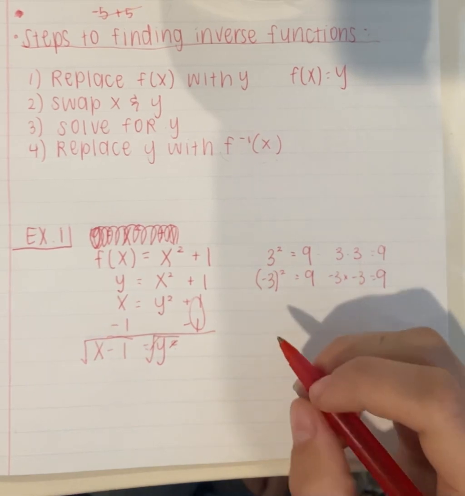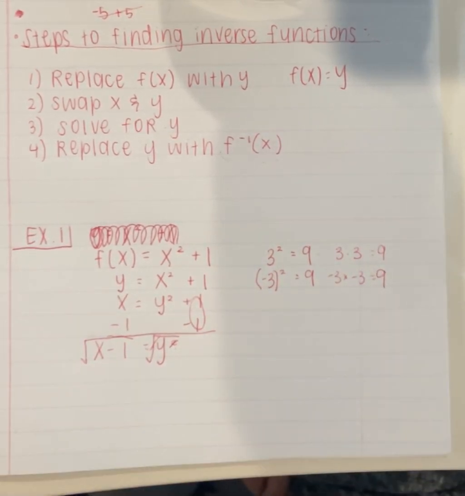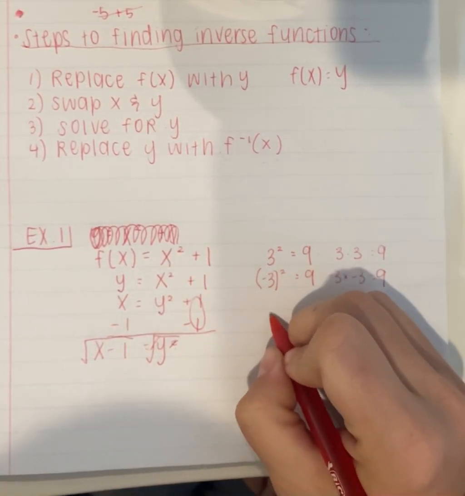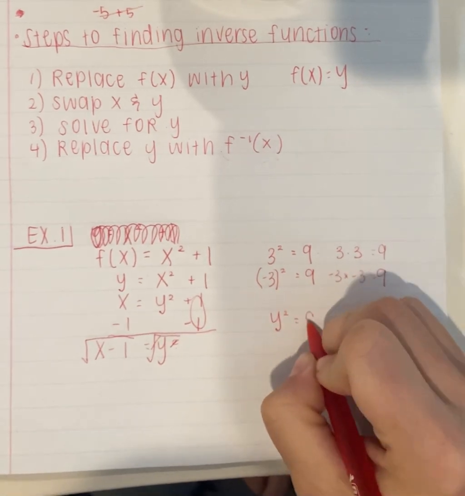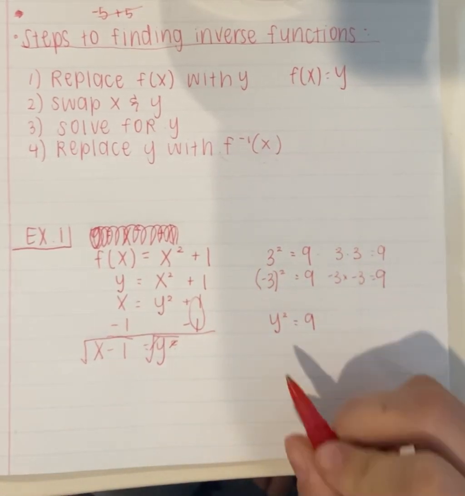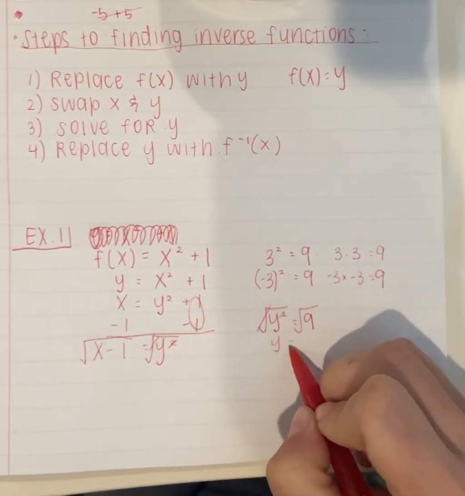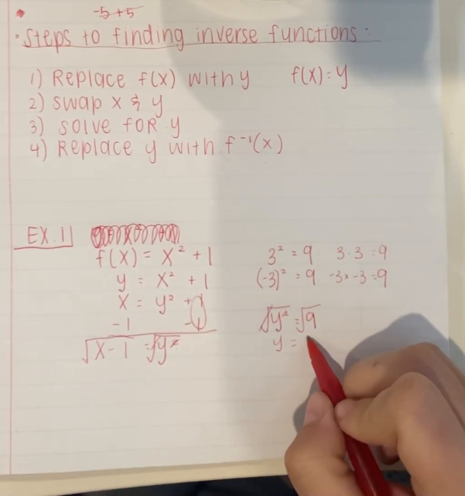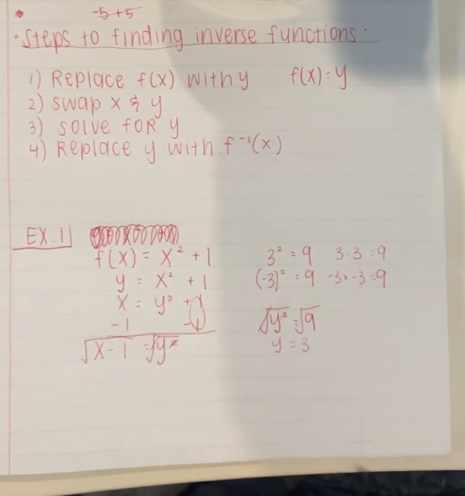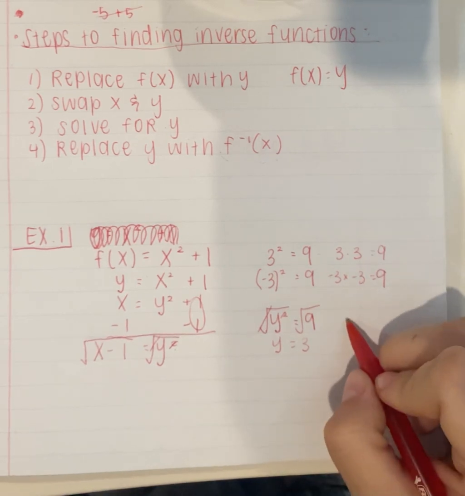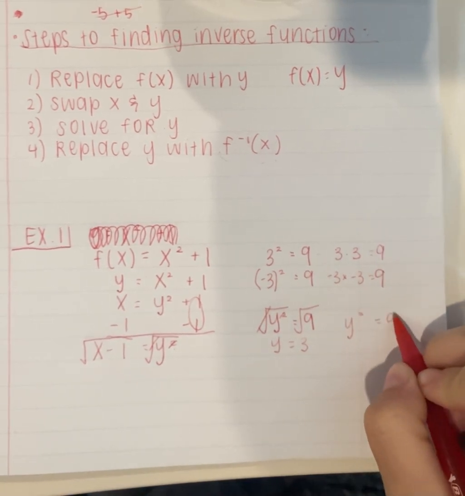So what that means is, say I told you y squared equaled 9, right? And then I took the square root of both sides, then that gives me y equals, and we know the square root of 9 is 3, right? So y is 3. But y could have been negative 3 also, okay? Y squared equals 9.